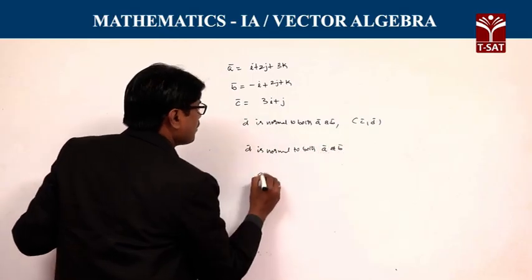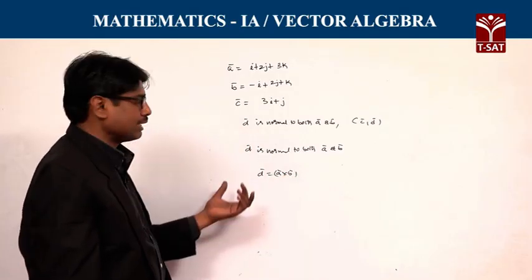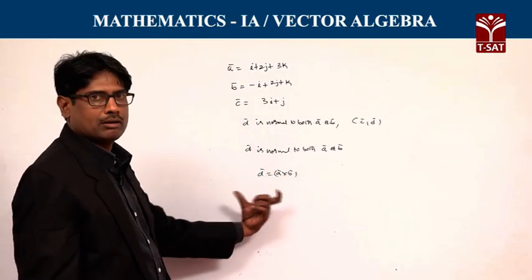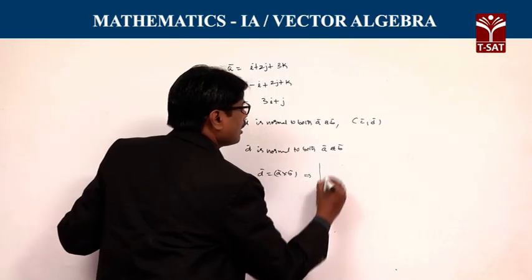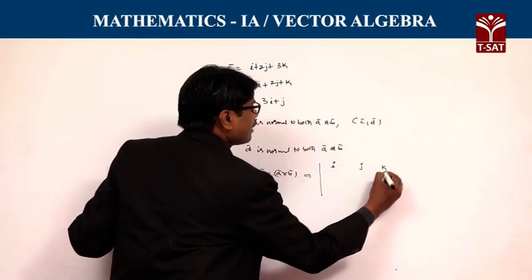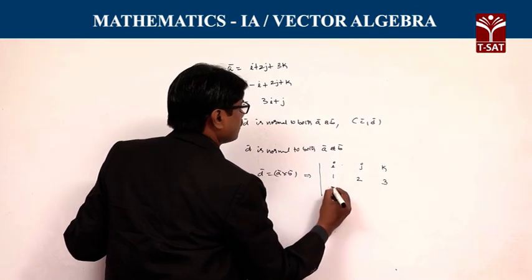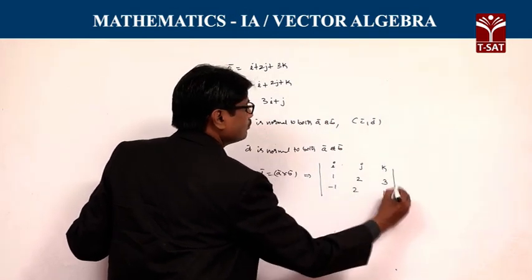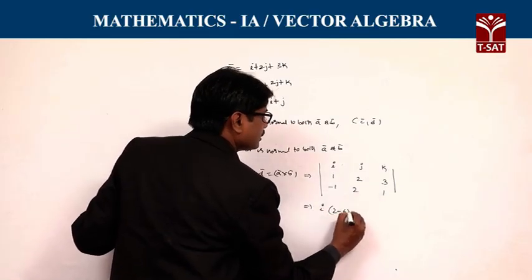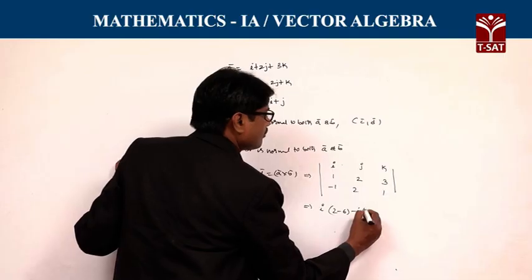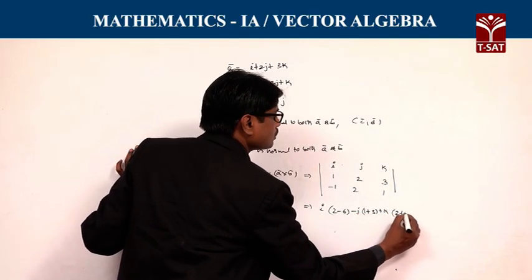So the vector d bar will be equal to a bar cross b bar, because earlier also we have discussed a vector perpendicular to both a bar and b bar is a bar cross b bar. So the vector d bar will be equal to the determinant of i bar, j bar, k bar, 1, 2, 3, minus 1, 2 and 1, which is nothing but i bar times of 2 minus 6, minus j bar times of 1 plus 3, plus k bar times of 2 plus 2.